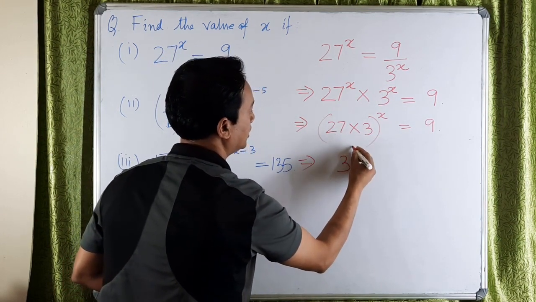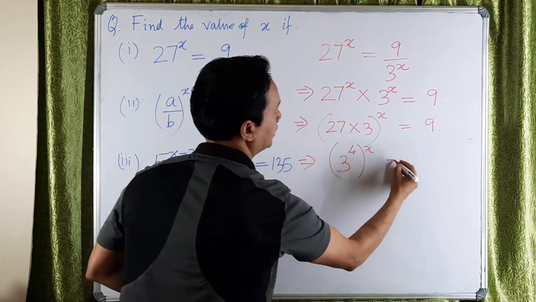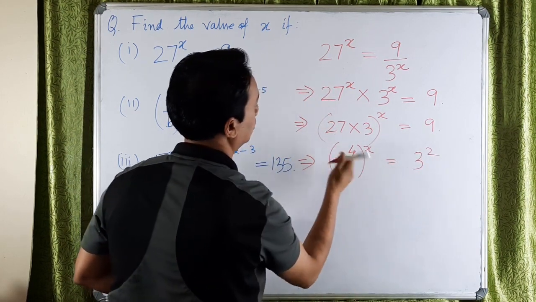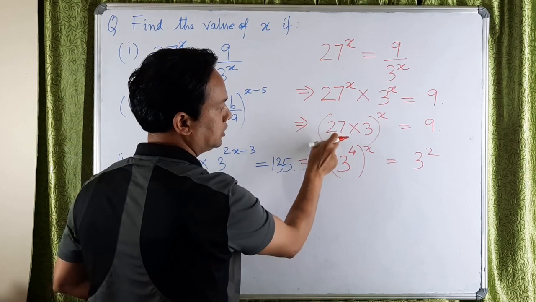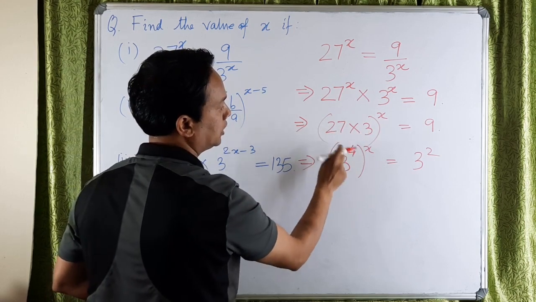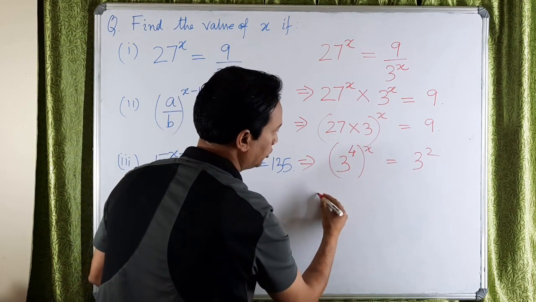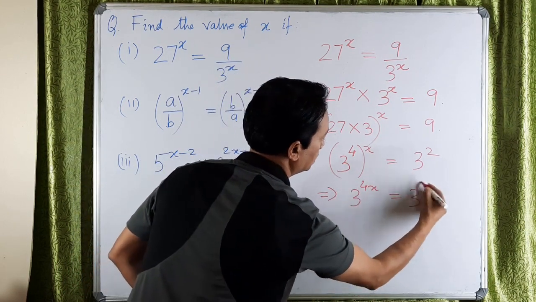Altogether we have 3 to the power 4 here. And this side we have 3 square. This 3 to the power 4 because 27 is 3 into 3 into 3, 3 3s are here, another 3 there. So altogether there will be 4 3s. So now the base has become same, 3 to the power 4x and here 3 square.